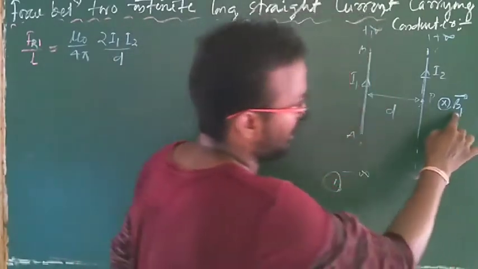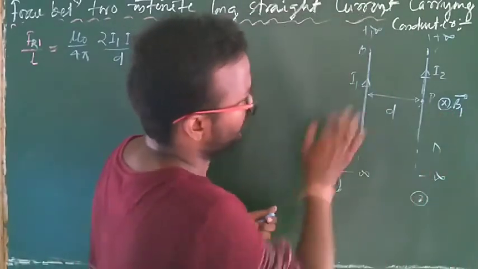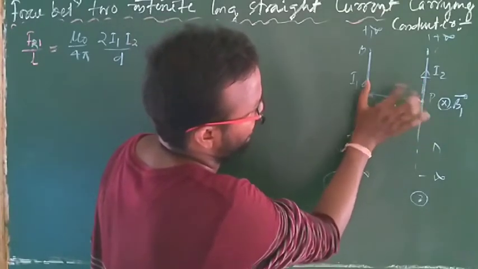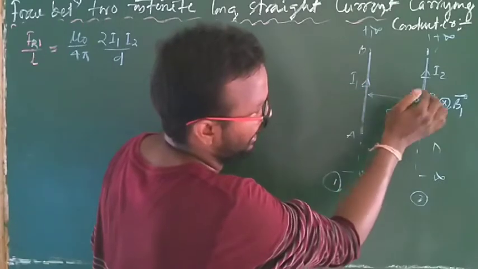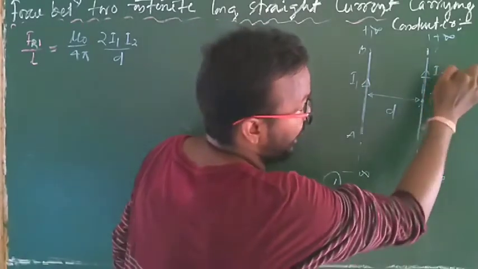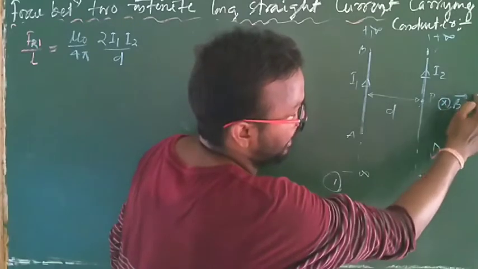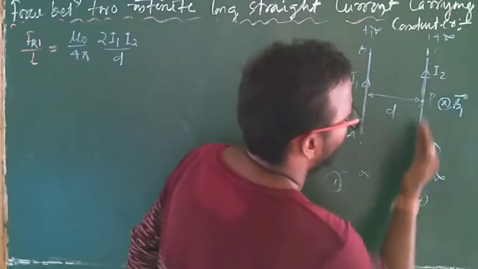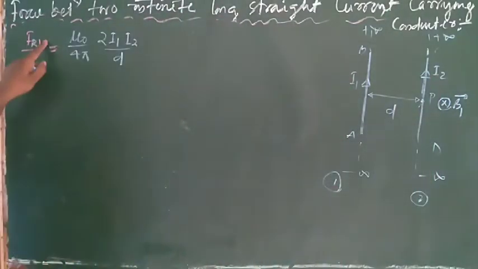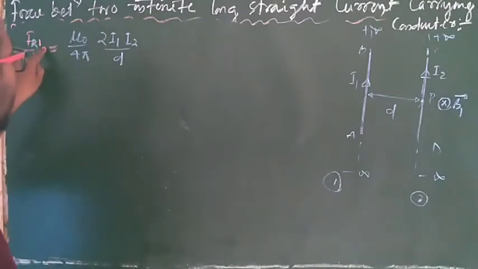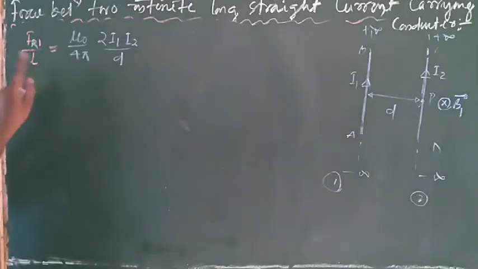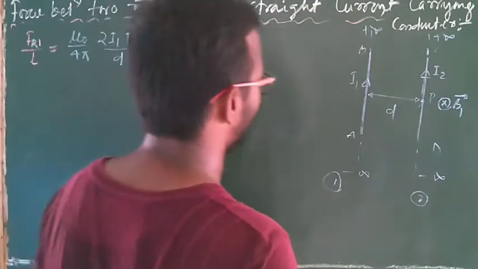And this is the direction of magnetic field B1 due to this I1 current, because of this direction of current, at point P the direction of magnetic field due to I1 is inward, and this conductor I2 is placed in the uniform magnetic field B1. So we have the direction of magnetic field B1 and the direction of current I2. F21 means force experienced by the second conductor due to the first. Clear? And its value is mu naught by 4 pi into 2 I1 I2 by D per unit length. Clear?